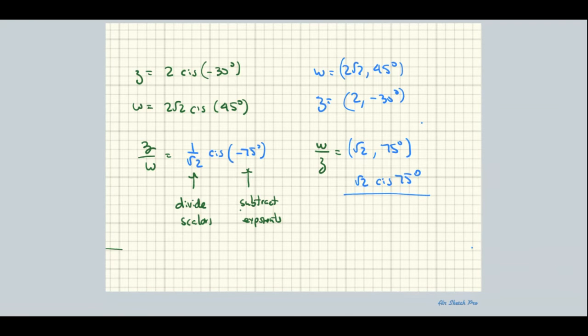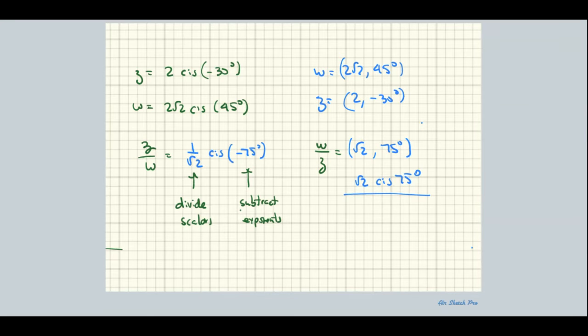Okay. So does that seem pretty easy, guys? Because it is. And think about this. This is the alternative to multiplying using the distributive law. And it still works the same way, right?